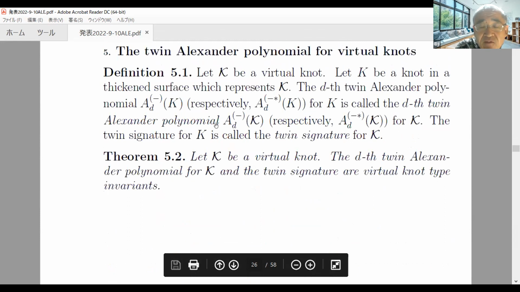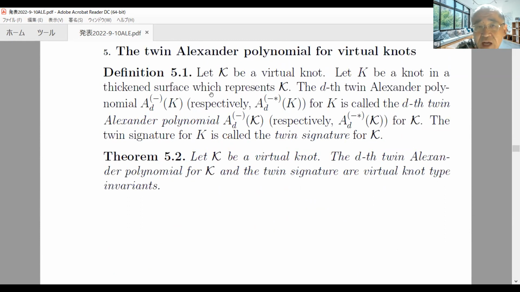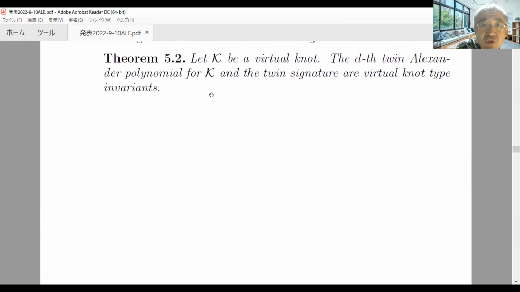And they are virtually equivalent. The handle stabilization of virtual theory doesn't change the twin Alexander polynomial and twin signature.